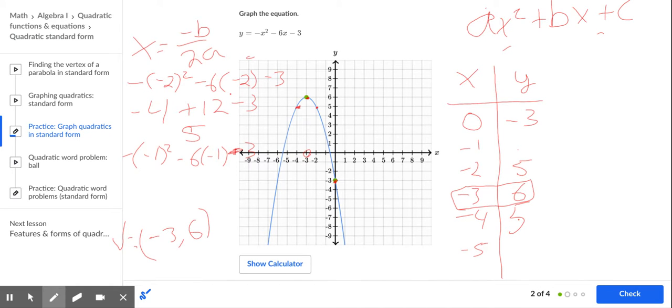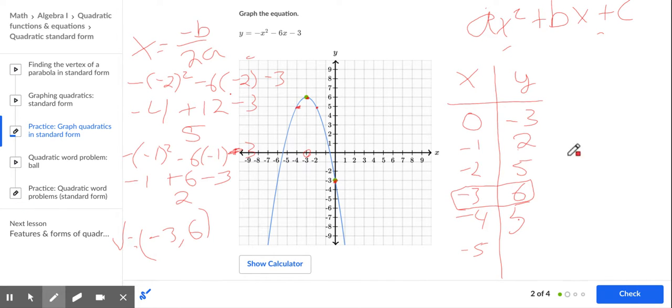So -1 squared is +1. So I have 1, minus -6 times -1, which is +6, minus 3. So 1 plus 6 minus 3 is 2. So at -1, we got 2.